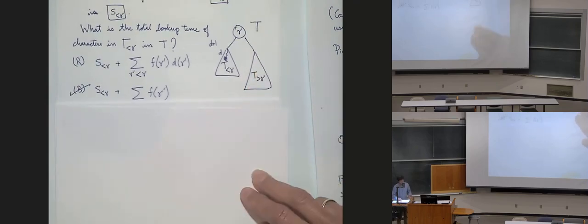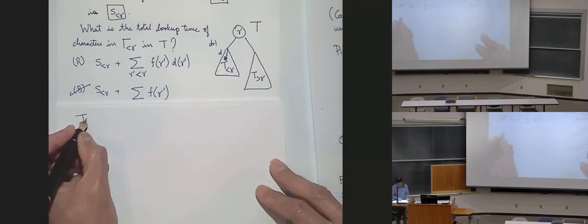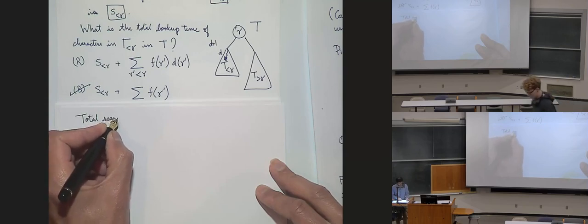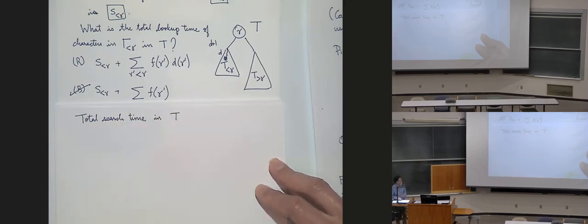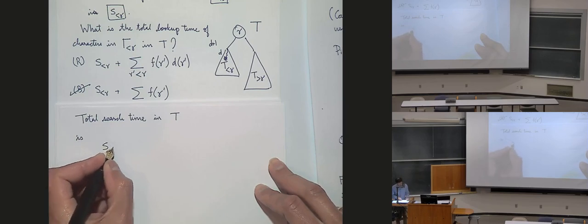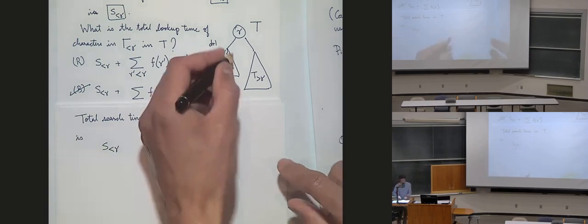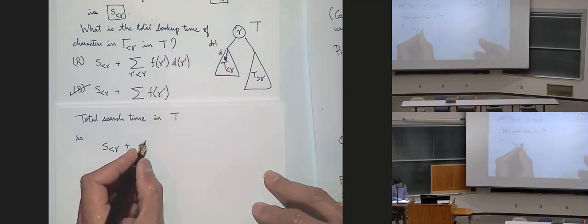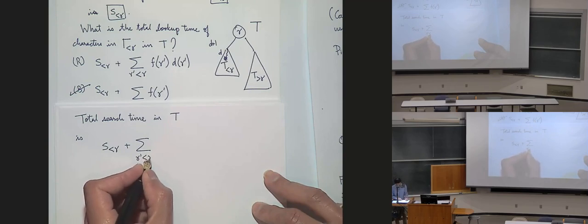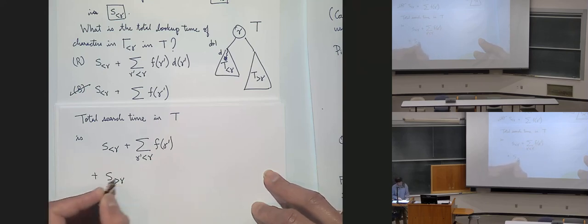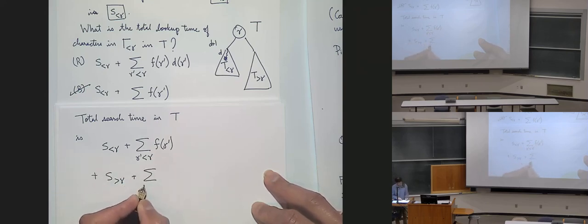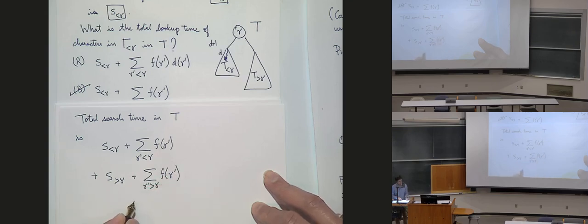So I'll say the total search time in this tree is S less than gamma, which is whatever the recursive solution was on that part, plus the summation over gamma prime less than gamma of f of gamma prime, plus S greater than gamma, plus the summation over gamma prime greater than gamma of f of gamma prime, plus f of gamma.